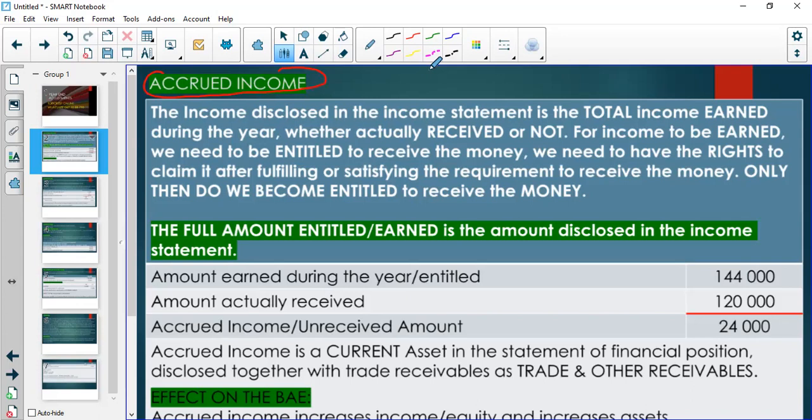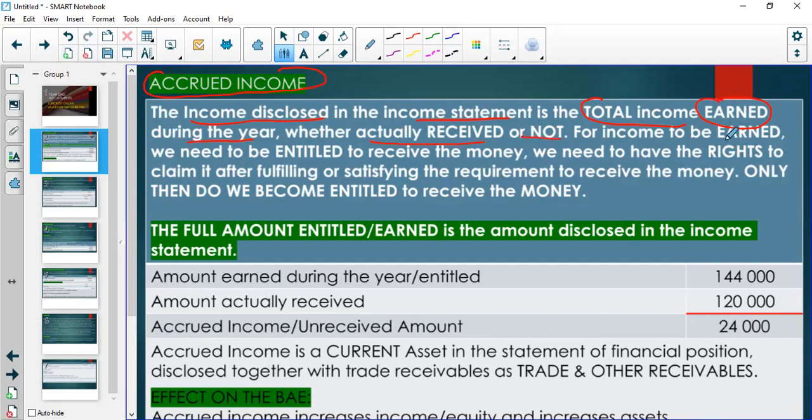But unfortunately, for some reason, we haven't received it. In other words, the income that you disclose in the income statement is the total income, not just received but earned. So we use the term earn. When you have earned the income during this current year, you go and record it. Doesn't matter whether you actually received it or not.